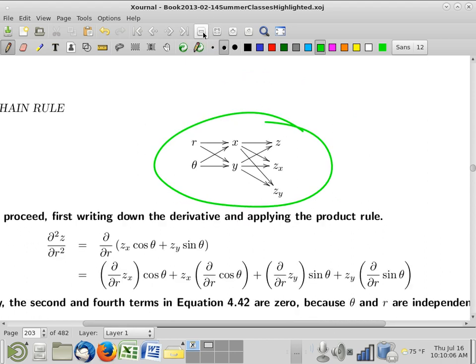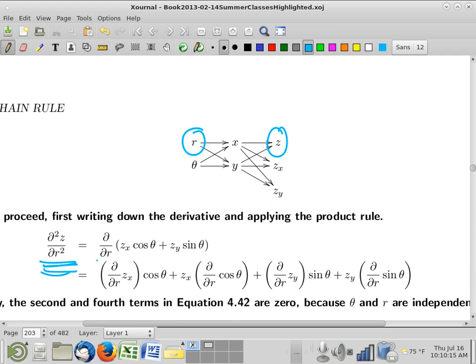So let's start off. Now keep in mind, I've already computed the partial of z with respect to r, and I'm taking the r partial of that partial of z with respect to r, which on the last page I computed to be this. Okay, so in some sense we start here. All right. Well, there's a lot to keep track of. When you're working one of these problems, don't get overwhelmed. Just go slowly and methodically and ask yourself one bit at a time, what's the first thing that I have to do?